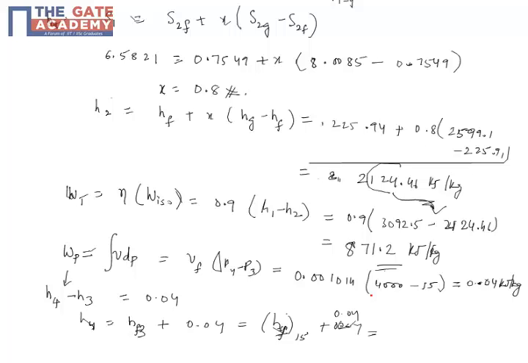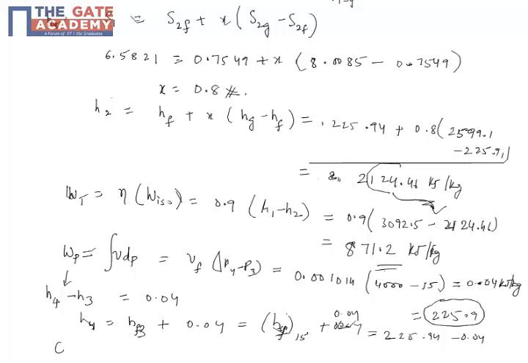So H4 is 225.94 plus 0.04, and that is nothing but about 225.9. So this is the value of H4.